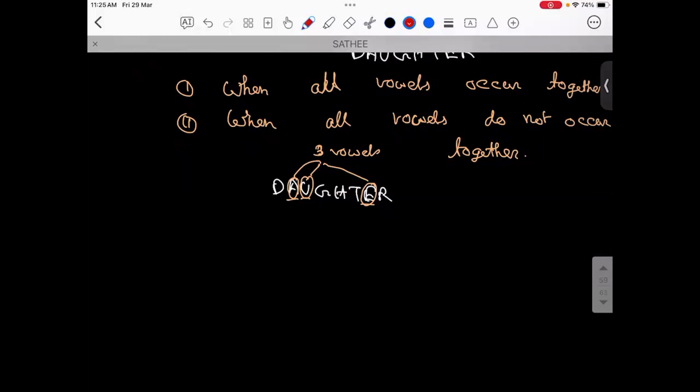Like what can happen? This can happen: D, A, U, E, G, H, T, R. You can see that these three letters appear together. Or it can happen like D, E, A, U, G, H, T, R. So you can see these three appear together.